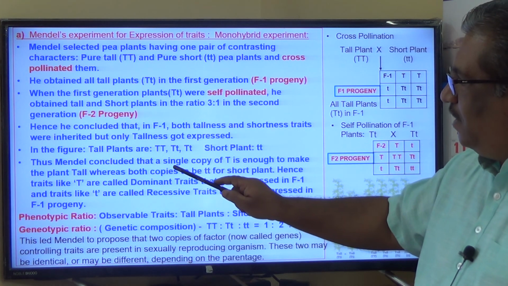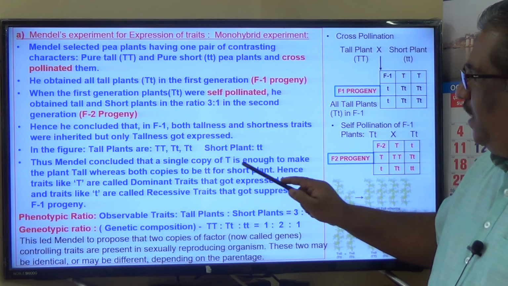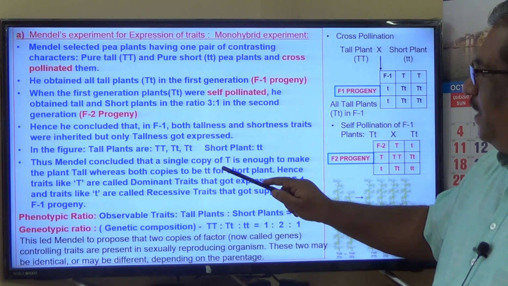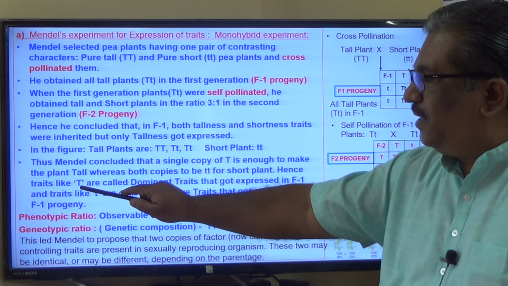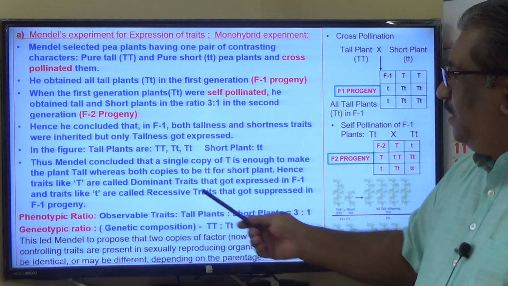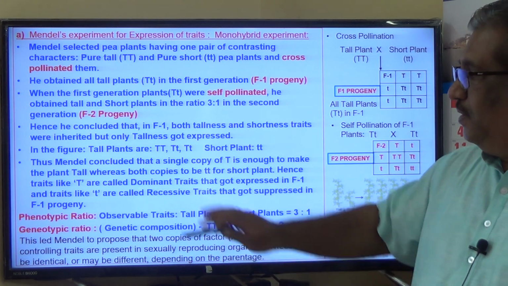Mendel concluded that a single copy of capital T is enough to make the plant tall, whereas both copies must be small t, t, for a short plant. Hence, traits like capital T are called dominant traits, and traits like small t are called recessive traits. This is one part.